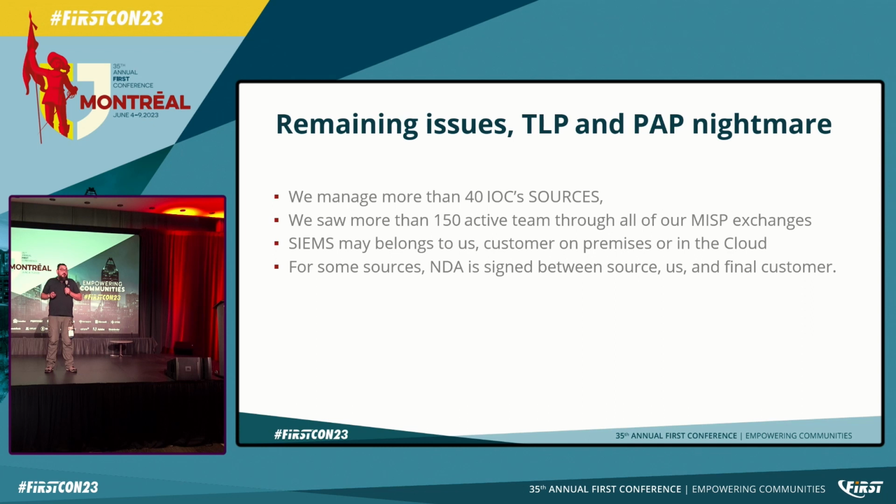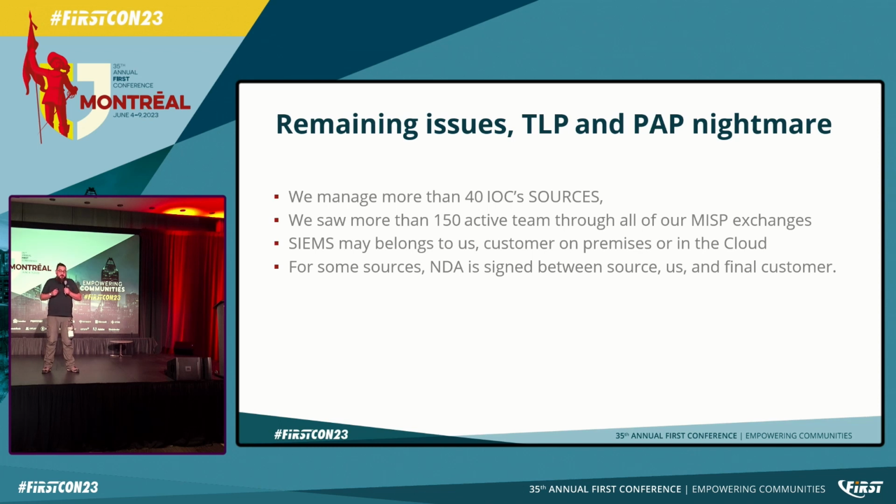And then, not the funniest one, but one which is really complicated: conforming to what we are willing to do. So we manage TLP. We are a FIRST member. We are also a TI member. So we respect the TLP. There are many colors. There are some IOCs that we may use for ourselves and your customer.